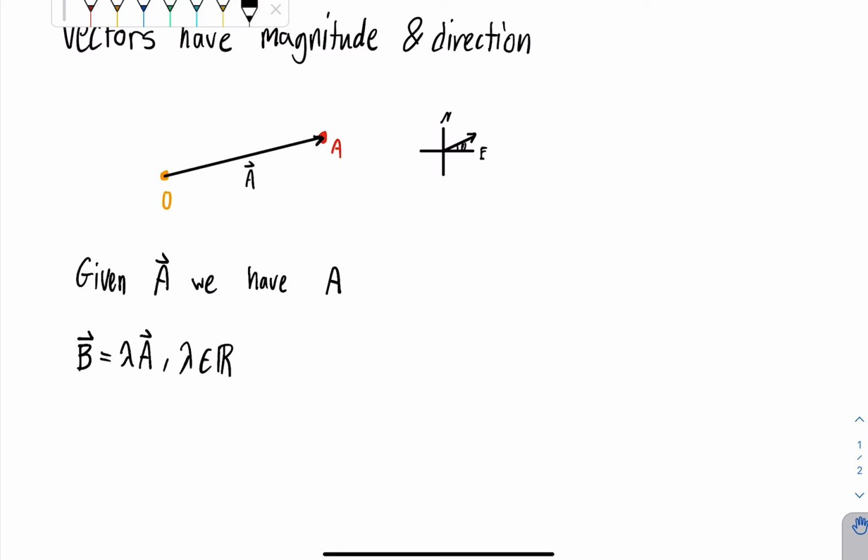So thus, we can say that B equals lambda A as well. And B is also going to be parallel to A, because all we need do to change A to B is multiply it by some value.